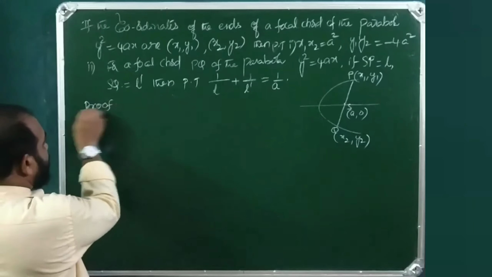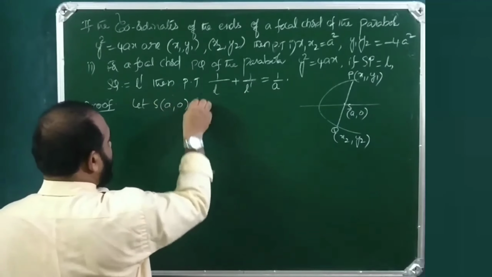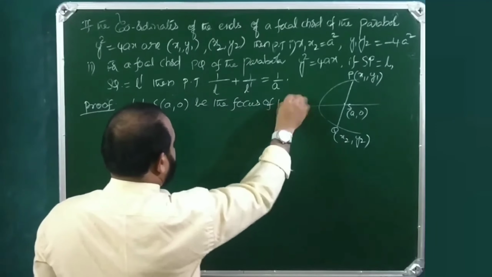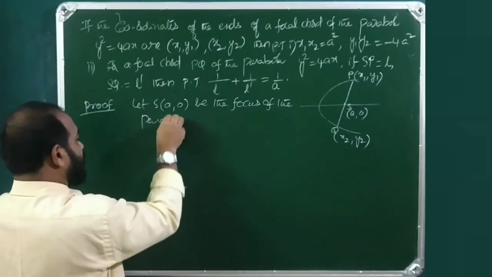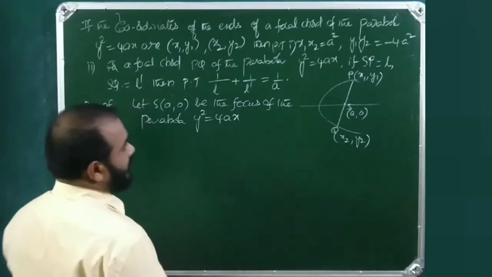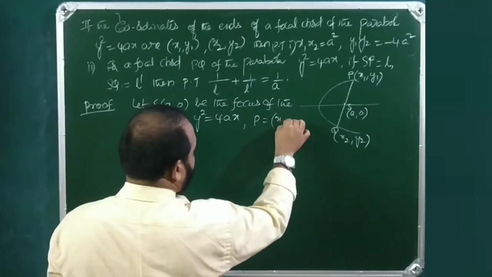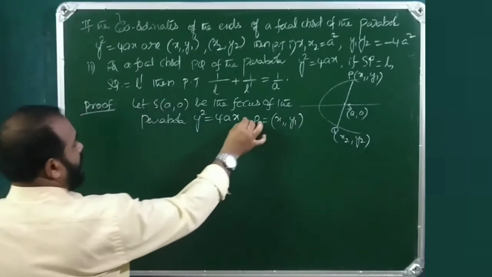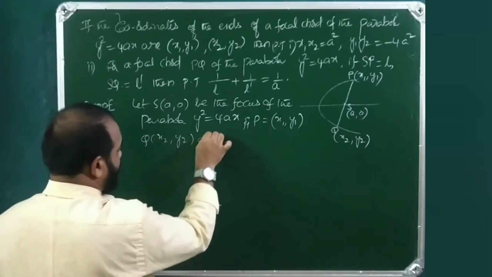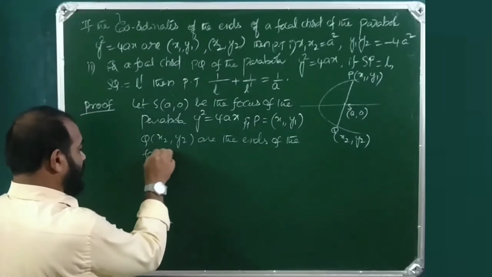So here, let S (a, 0) be the focus of the parabola y square equals 4ax, and P (x1, y1), Q (x2, y2) are the ends of the focal chord.